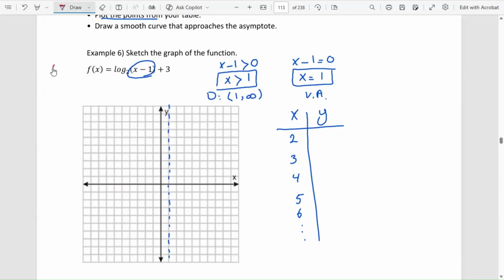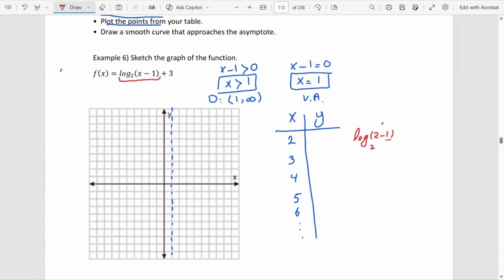Let's replace them and see which one gives us a nice number, because the base of this log is 2, and only numbers that are powers of 2 give you a nice number. If I replace 2, I will have log of 2 minus 1, base 2. 2 minus 1 is just 1.